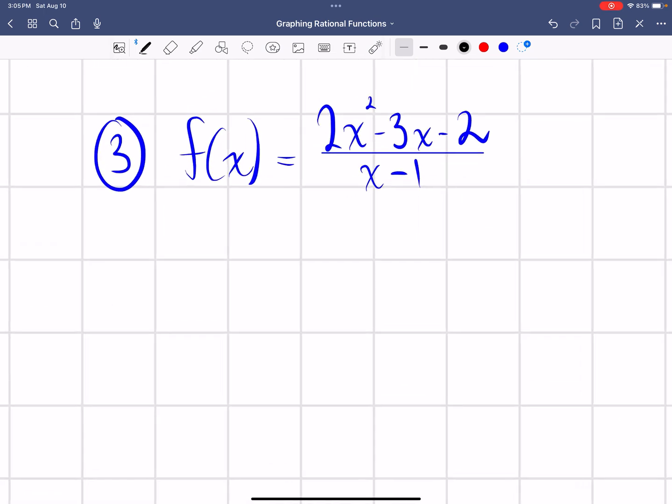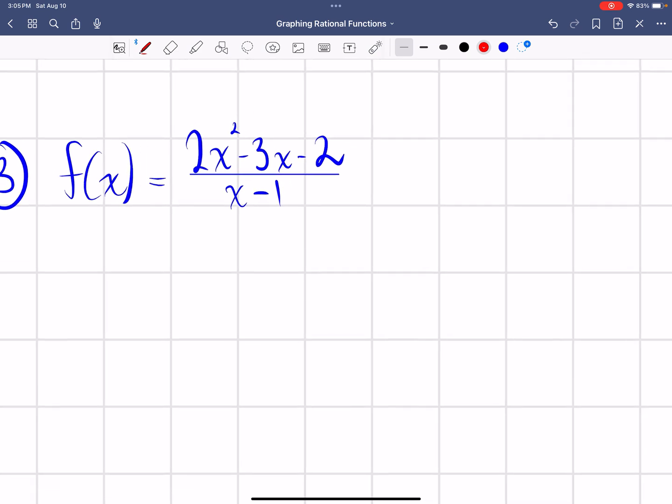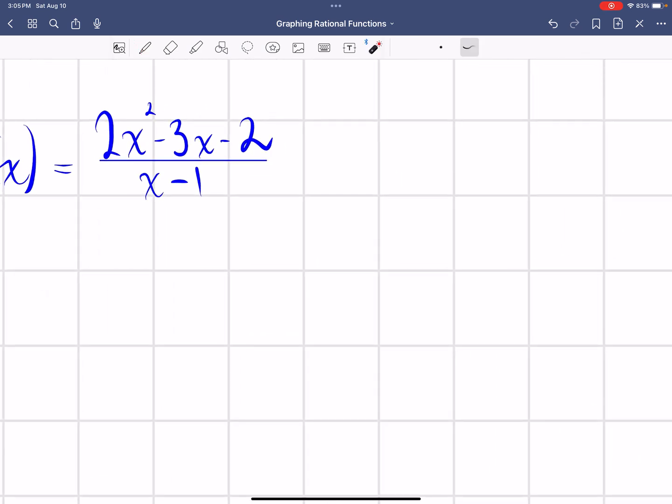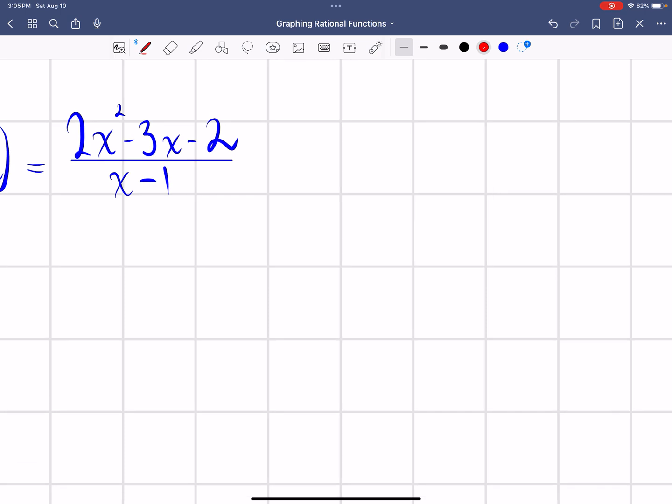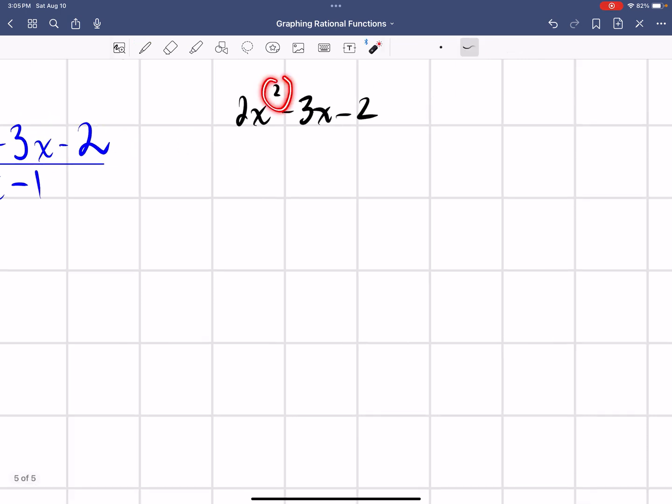So this one, like all the others, we'll start by factoring. The denominator is linear with no GCF, so that's not factorable. But on the top, let's see if we can factor this. We have 2x squared minus 3x minus 2. When I have a quadratic trinomial whose leading coefficient is more than 1, I like to use this little method.